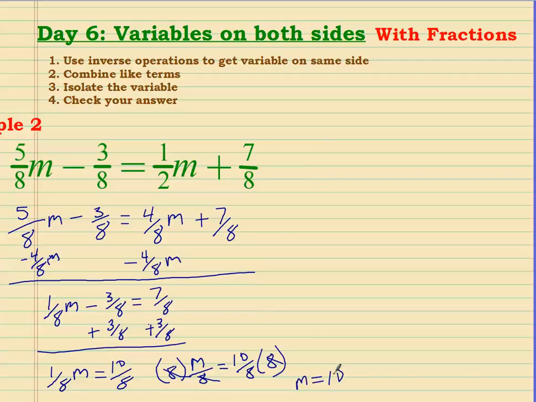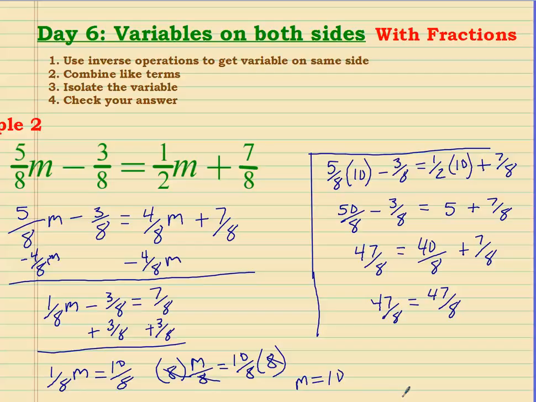Just to be safe, I'm going to check my answer because that's part of every single problem, and I'll show you my check step in a second. And over here in my check step, what I want you to see is this part right here. I plugged my 10 back into the original equation.